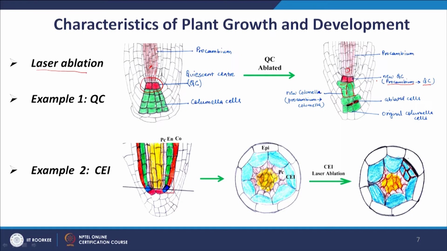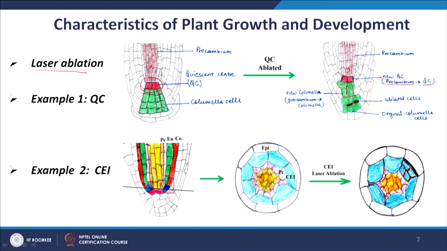Similarly, look at another very important tissue in the root tip. Here, this is the QC, and these are the cells called initial cells. These are the meristematic cells, and in the root there are different cell layers: epidermis, cortex, endodermis, pericycle and vascular cells. What is important here is that each initial cell gives rise to one layer of cells.